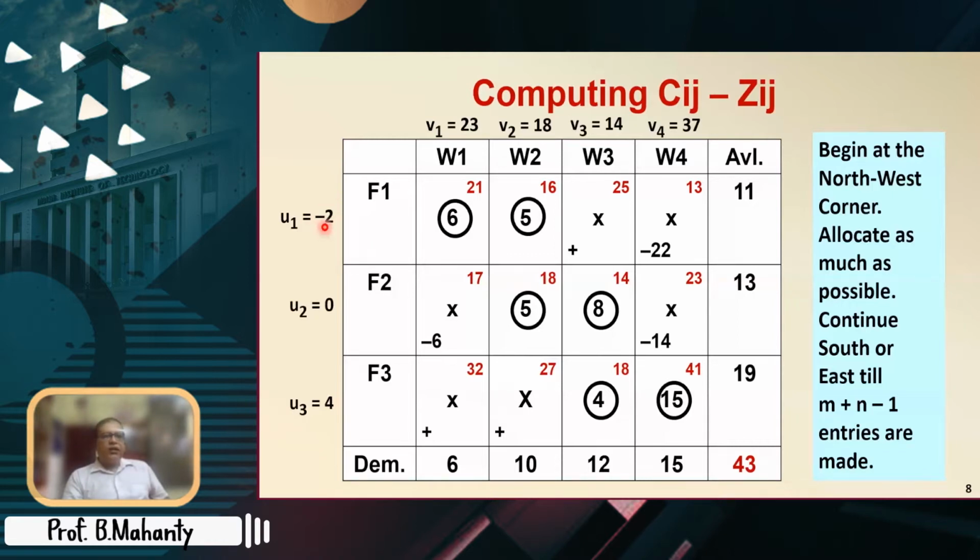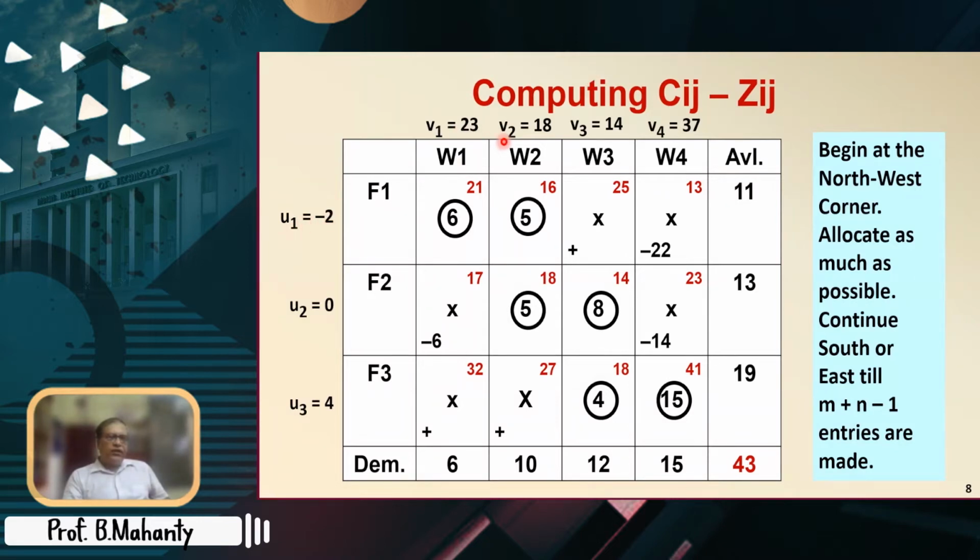Like you could have started with U1 equal to 0, then V1 would have been 21 and V2 would have been 16. So like this you could have proceeded, but always remember that U1 plus V1 would have been constant, is it not? So these would have been 0, these would have been 21.